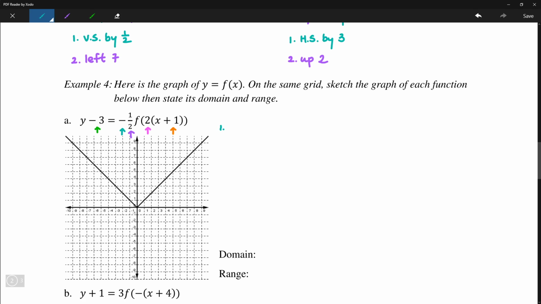So transformation number 1, that's a reflection over the x-axis. Second transformation is the 1/2, vertical stretch by 1/2.